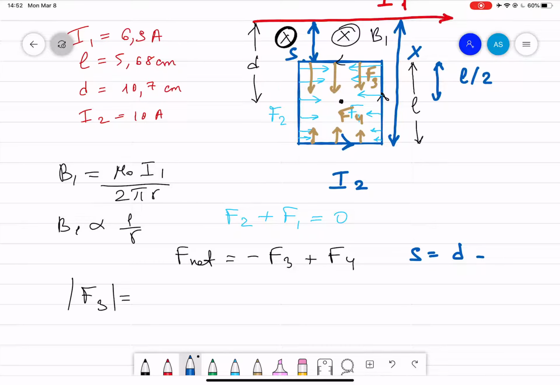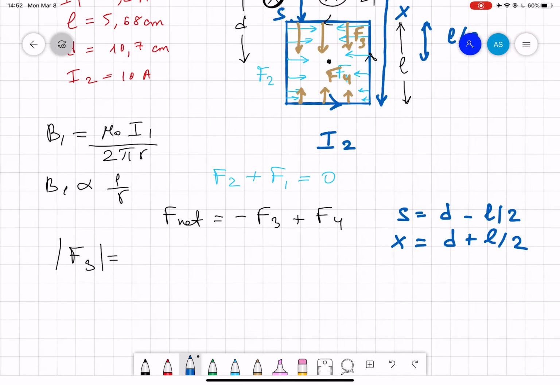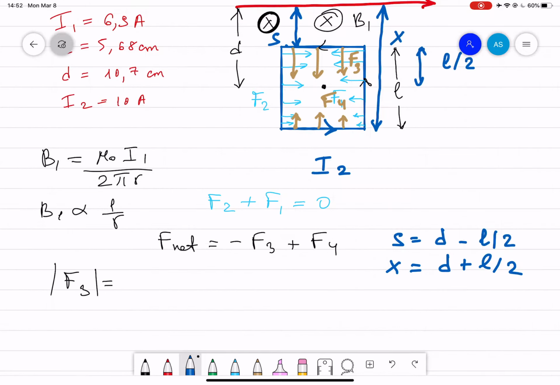That means S is equal to d minus L over 2. Now what about the x distance? The x distance is basically d plus L over 2. That's it, I think.